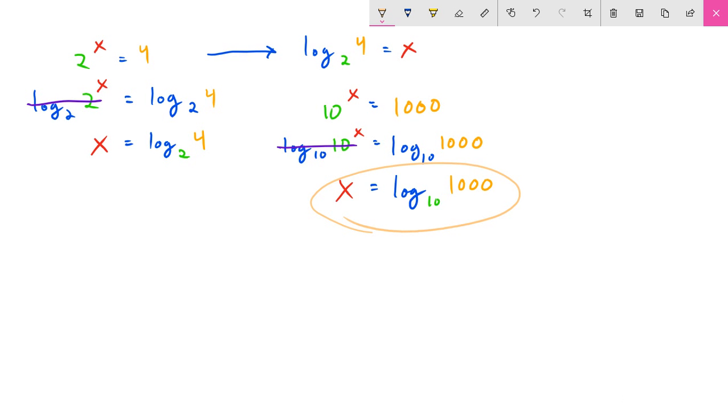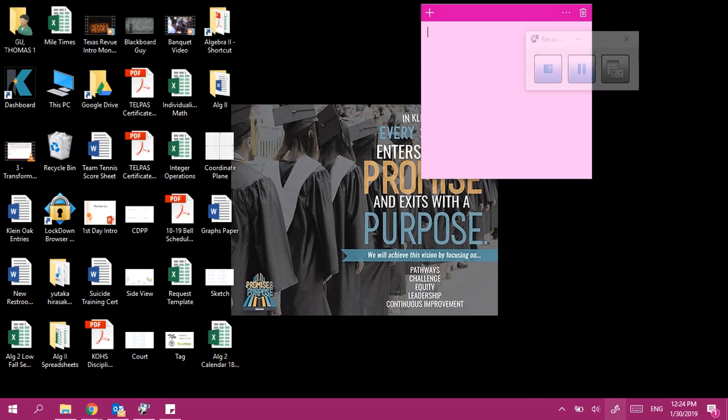All right, so now we're going to jump into some different examples of problems that you will see dealing with logarithms. Example set number 1. Some people might still be writing this down.